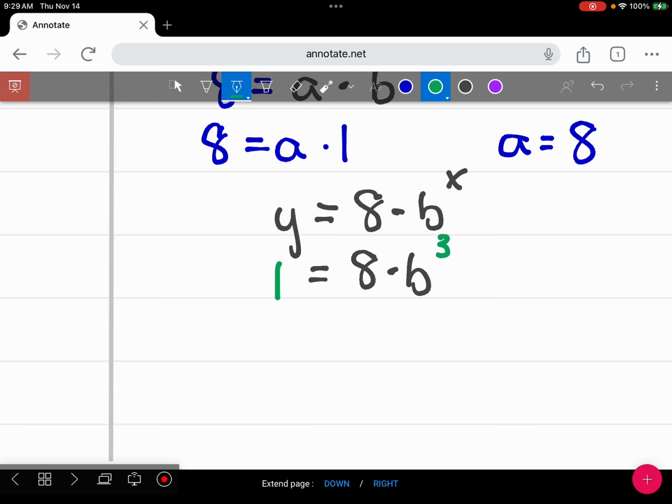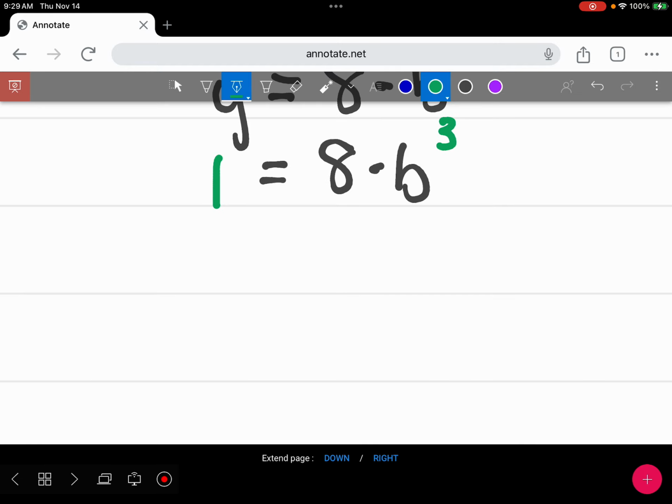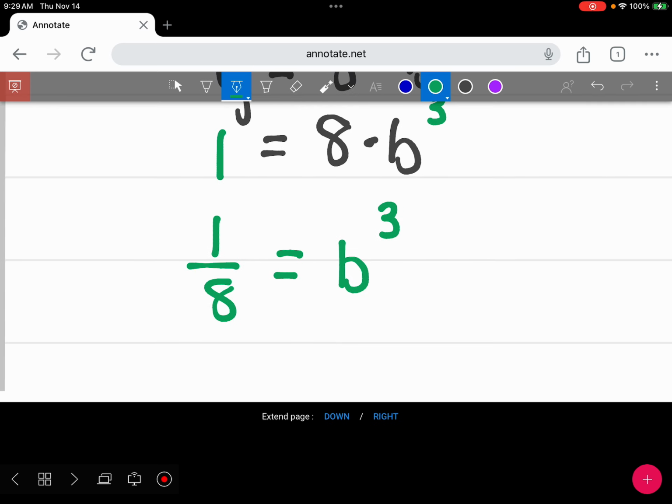What do I need to do to get b by itself? Divide by 8. I have 1/8 equals b cubed. What cubed gives me 1/8? 1/2. 1/2 cubed gives me 1/8, because 2 cubed gives me 8.